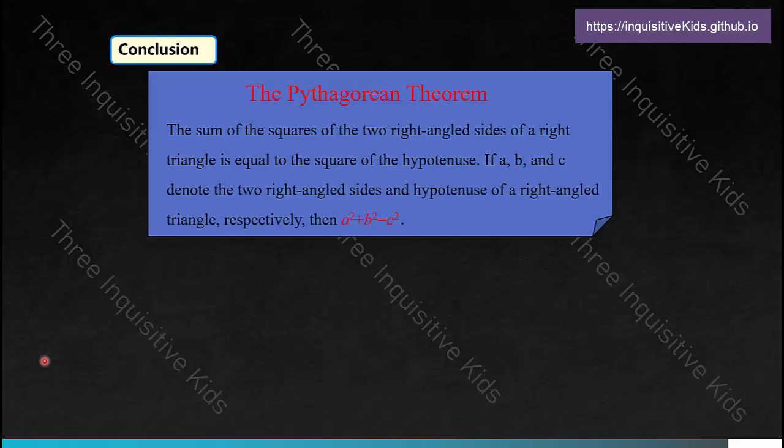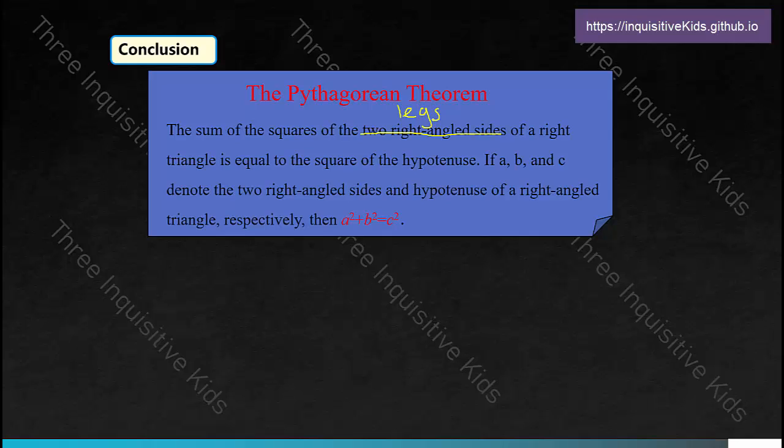Here's a conclusion, and this is where the Pythagorean theorem comes in. The Pythagorean theorem: the sum of the squares of the 2 right-angled sides of a right triangle. Another way to say this would be legs. The sum of the squares of the legs of a right triangle is equal to the square of the hypotenuse.